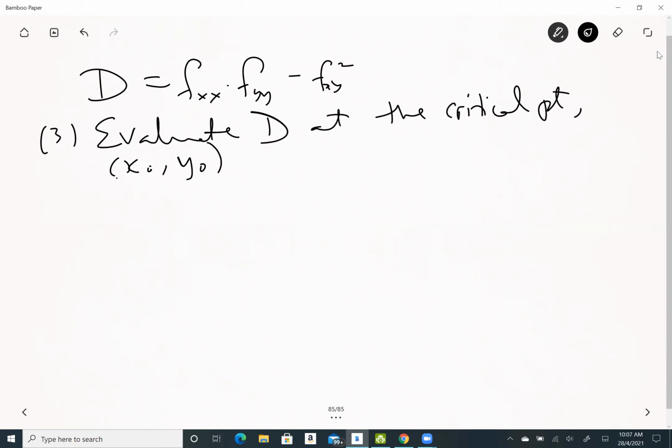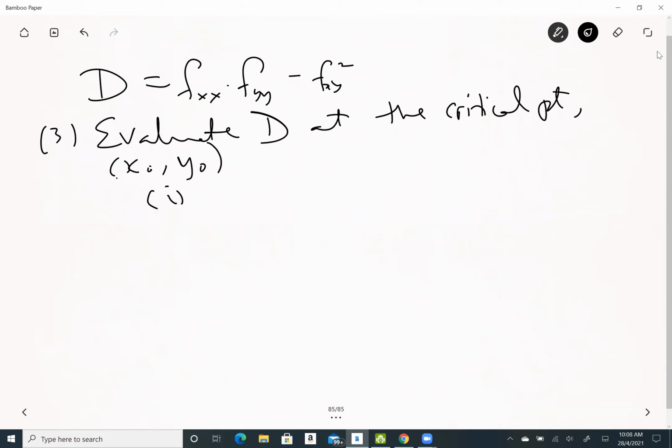Okay. So you have D. Now you have a D, which is what? Which is a value, which is a number. So that D can be positive, can be negative, can be 0, right? So number 1, we consider D positive.